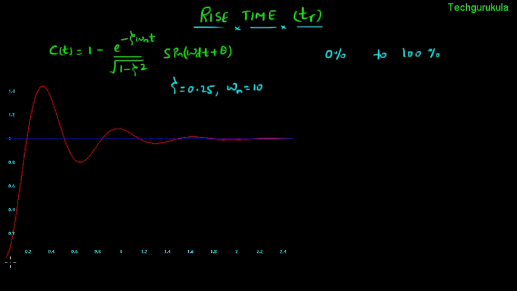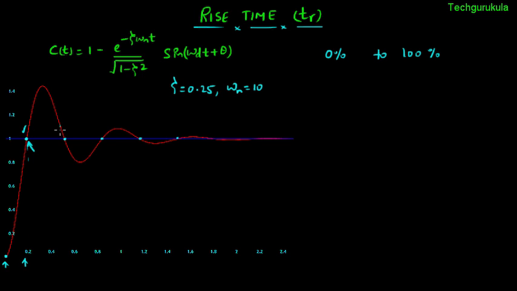The output response starts from 0, which means 0% of the final value, and it steeply rises to 100% of its final value, which is 1 in this case, and it goes beyond this value and comes back to this value again, and it keeps doing that multiple times. So rise time is the time it takes to go from 0% to 100% of its final value in the first attempt.